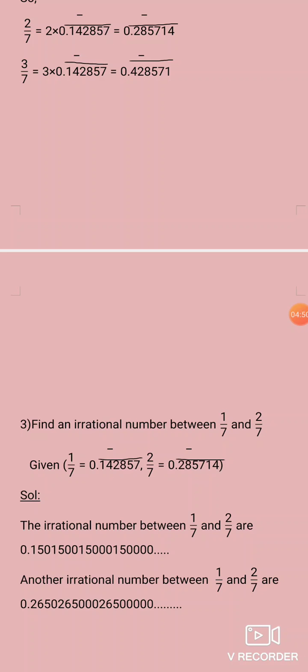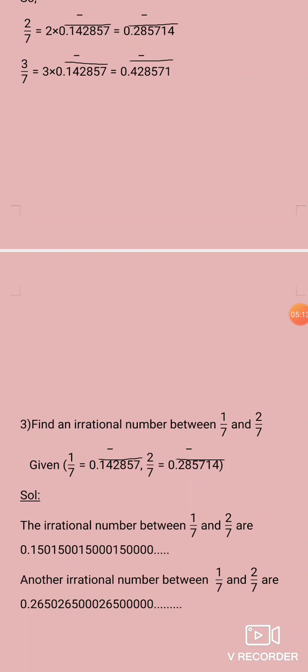Now, we need to just write irrational numbers between these two. So, starting, listen, 0.14, then the 2 by 7 value 0.28. In between we need to write. So you can write any number, but we know what an irrational number is: non-terminating, non-repeating.